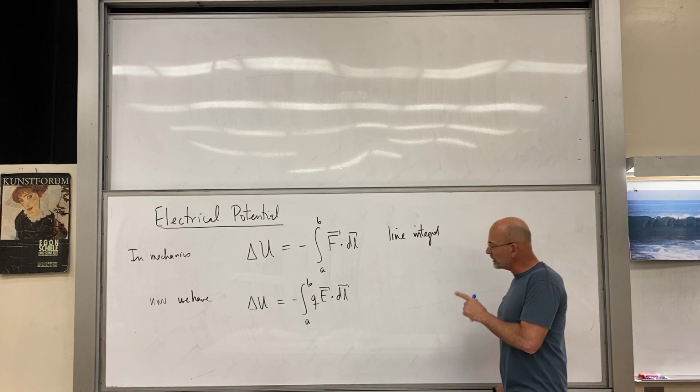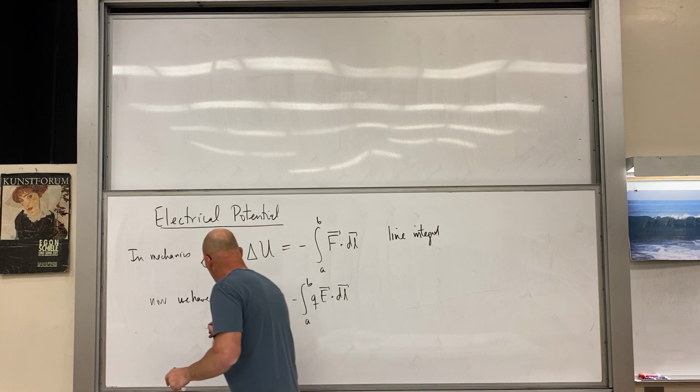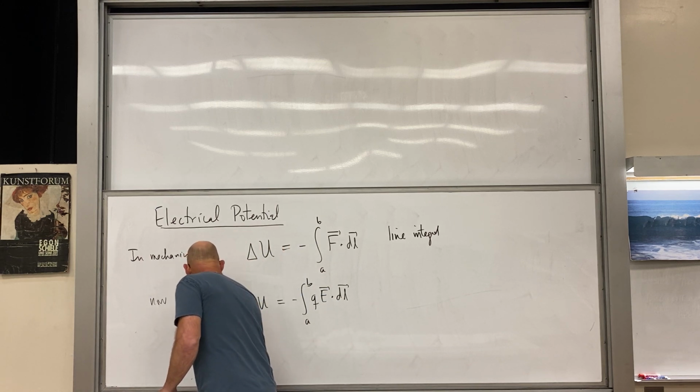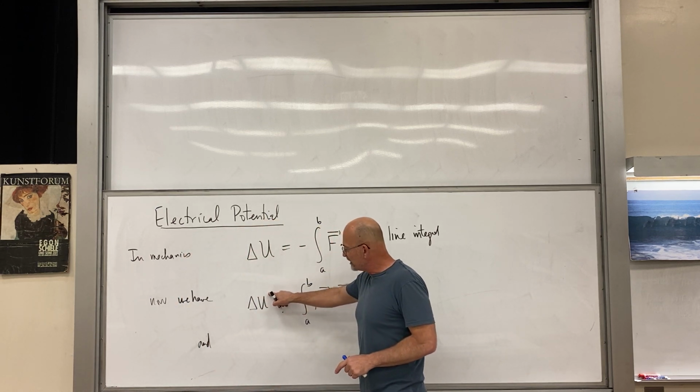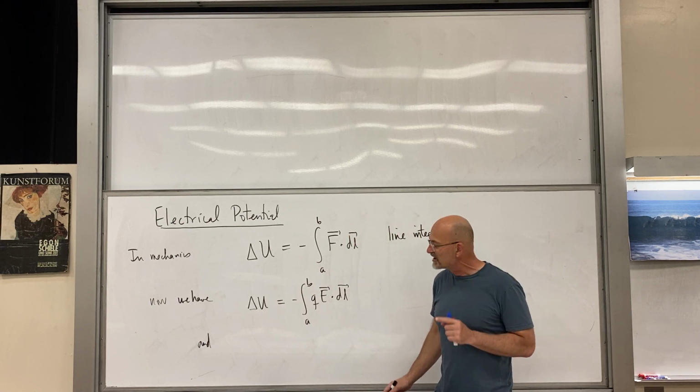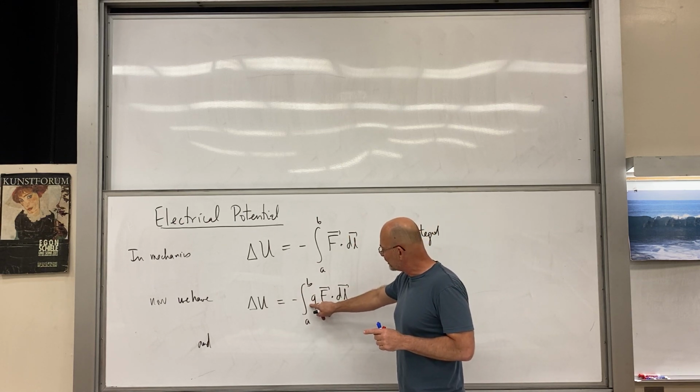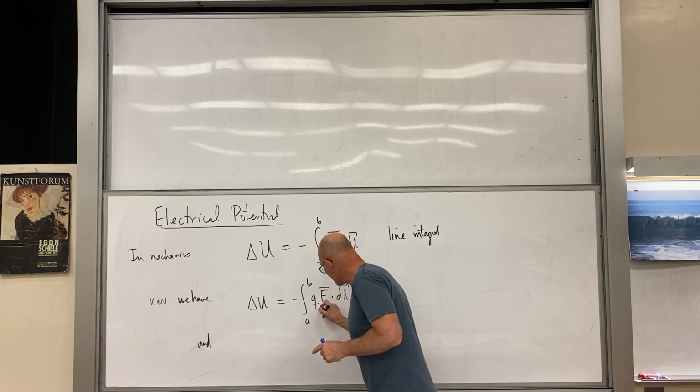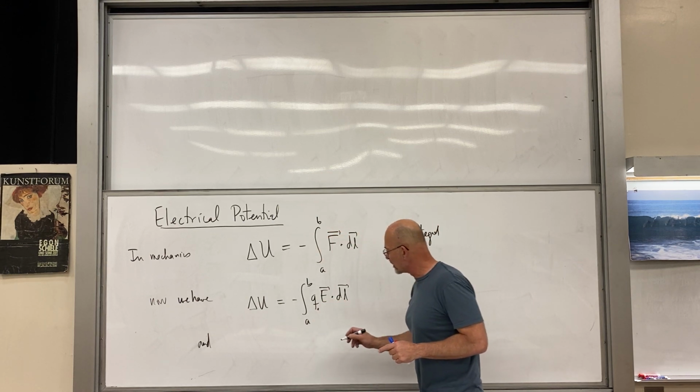And what we can also do here, so this is the change of potential energy. We can introduce something called the potential simply by dividing by this Q. Let me put a little subscript here, Q naught. Think of it as a test charge.